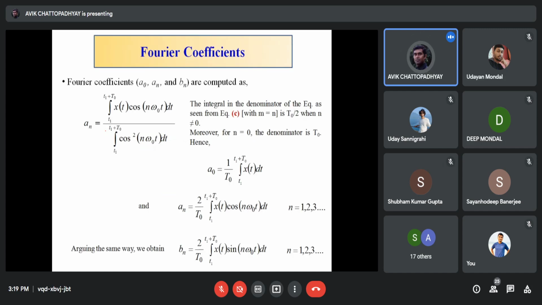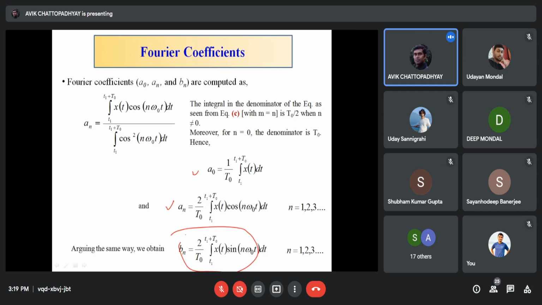Why should you use this formula to calculate bn, when you know that this function is even in nature and bn cannot be there? So you don't need to calculate it. The only task is to calculate a0 and an. Then the mathematical burden will be reduced. And that is why in the beginning I told you that this property is a very powerful tool.